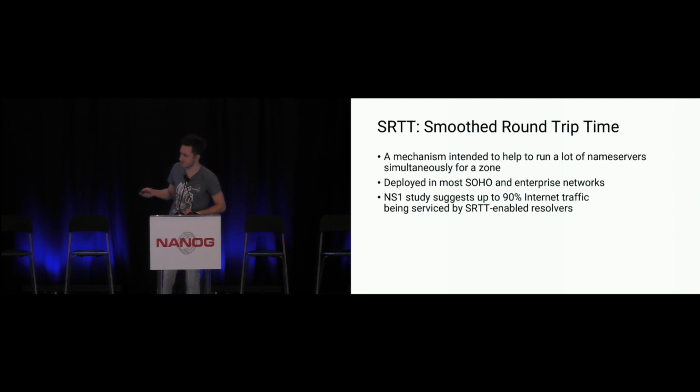SRTT is intended to help run a lot of authoritative name servers simultaneously for a zone, benefiting from the combined coverage of all of them. If there are, say, 2 name servers for the zone, an SRTT-enabled server will query both and then use the one which responds faster in order to reduce latency for a DNS client.